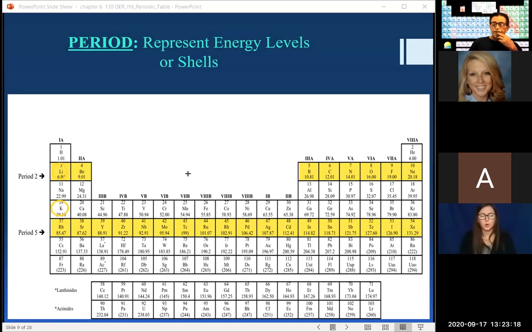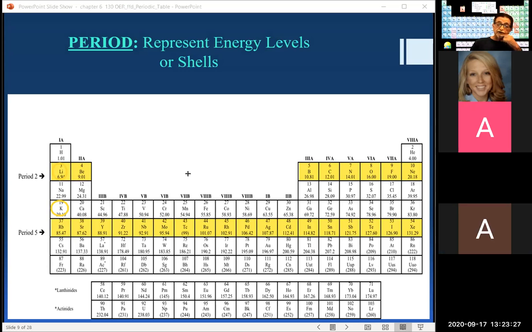Can I make a prediction based on this position on the periodic table? Anybody want to take a guess? Potassium. Exactly, because potassium is in the 4th energy level, meaning that it's bigger.